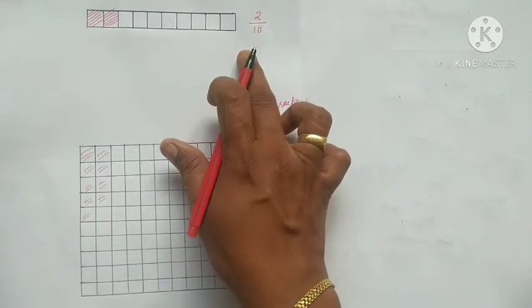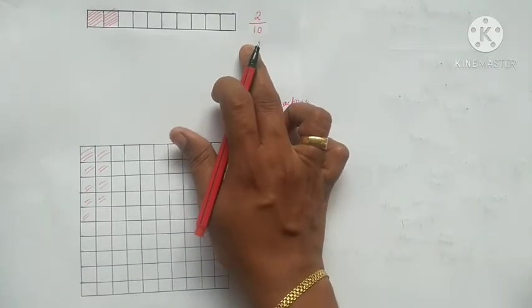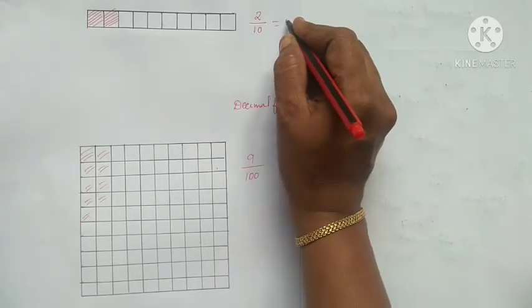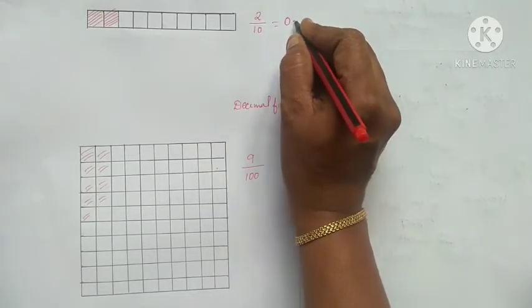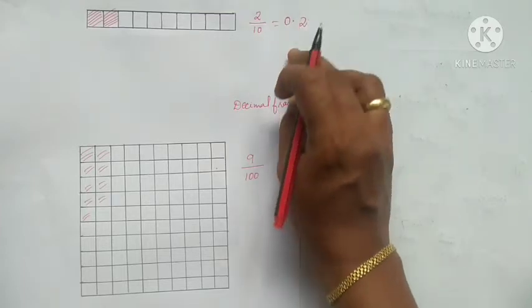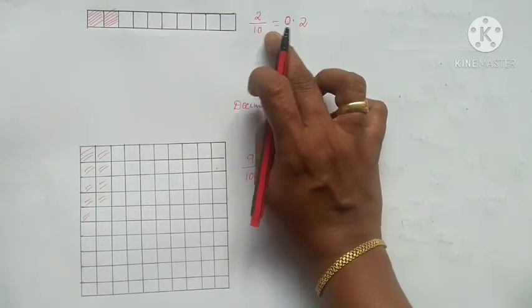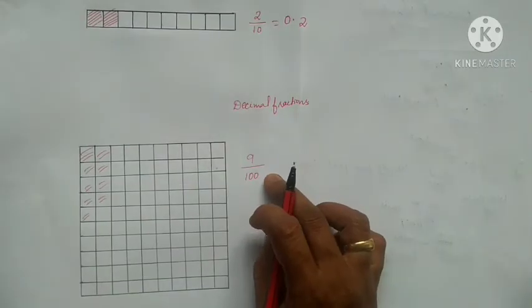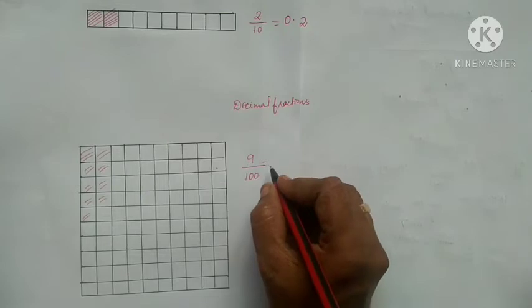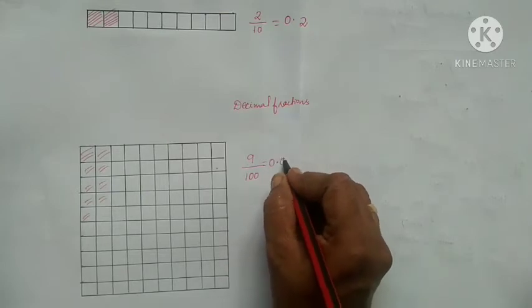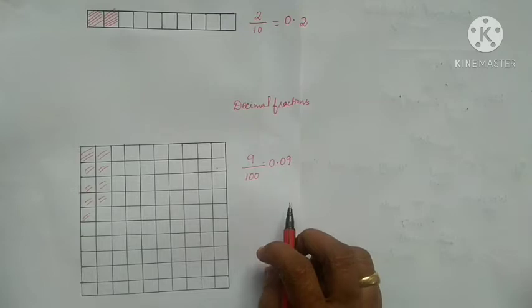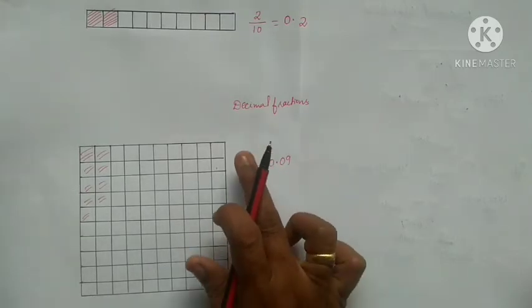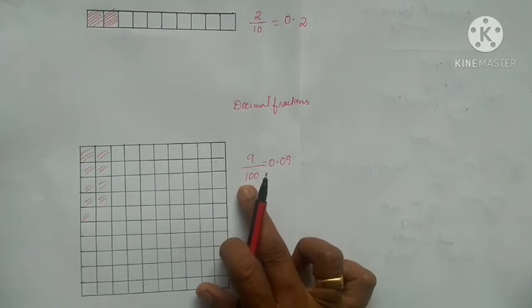Here, 2 by 10. 2 parts out of 10. Here we have to represent the decimal portion like this. 0.2. This is the decimal representation of 2 by 10. And here how I am representing, that is 0.09. This is the decimal representation of 9 parts out of 100.